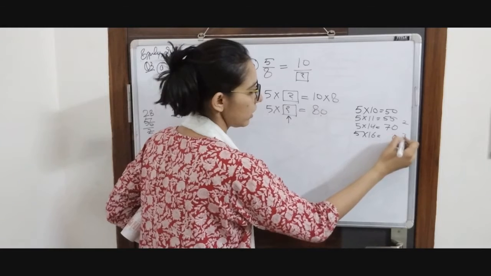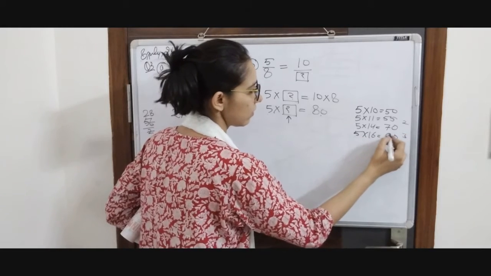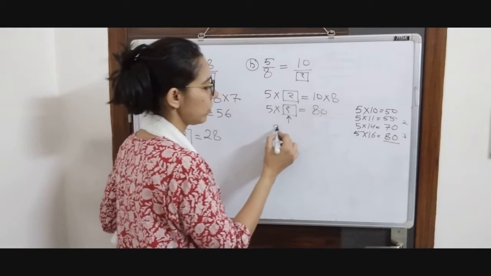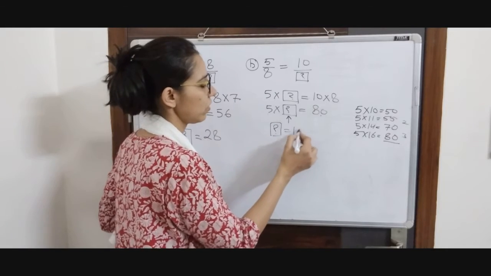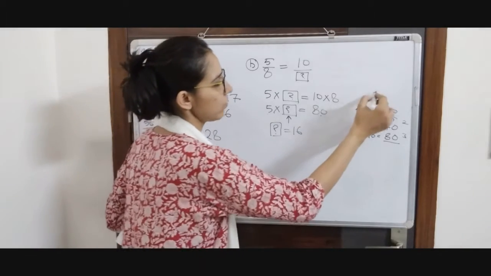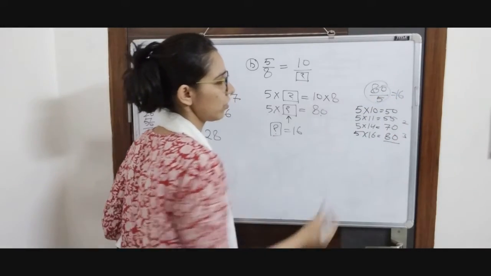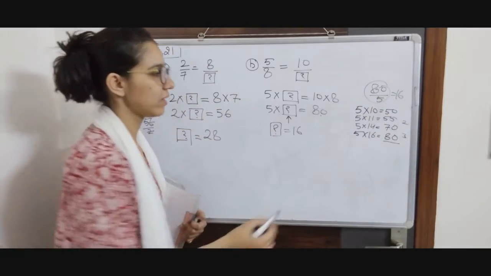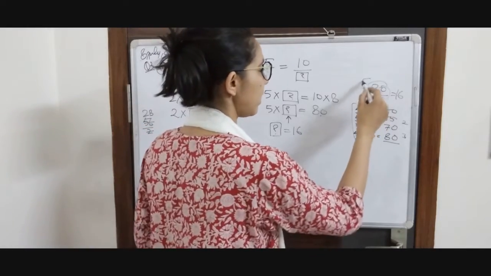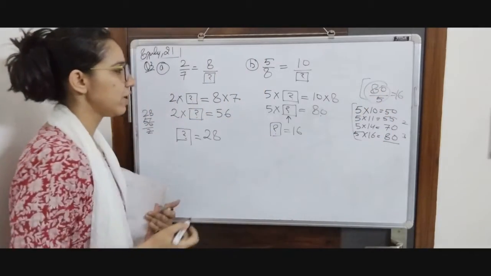It is going to be 80. So this number is going to be 16, or you can do it by dividing 80 by 5, and you will see that this number is 16. Okay. So you can use either method. Either you find it by trial and error, or you can divide your 80 by 5.